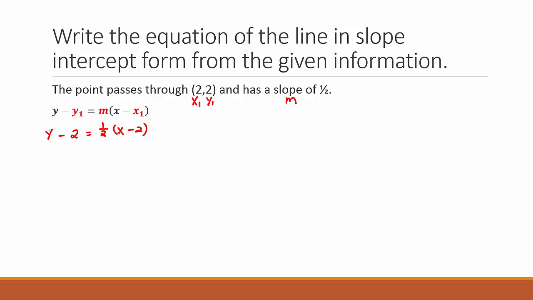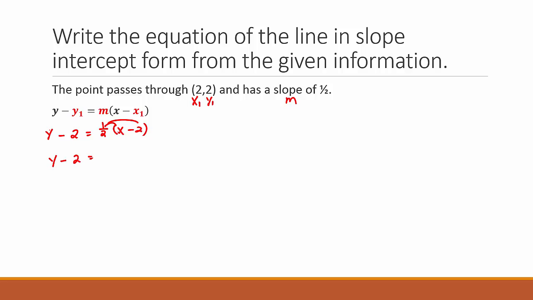Now, after replacing those, there are 2 steps to getting your equation in slope-intercept form. One, you want to clear your parentheses by using the distributive property. So we're going to multiply 1/2 times x and 1/2 times -2.